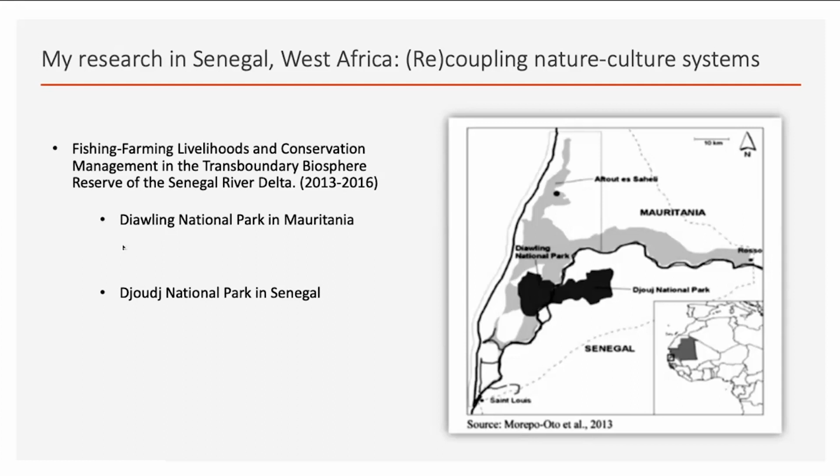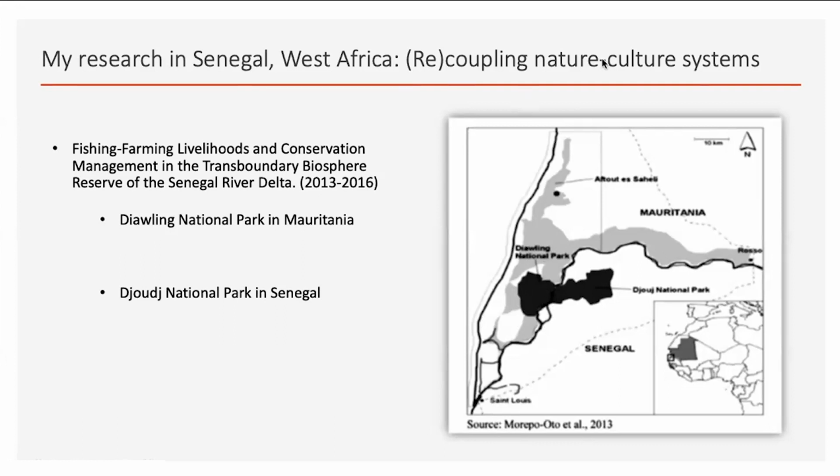So it's a very different model, and it's really interesting that they're sharing the same exact ecology, but also the same exact people. It's just that you have a colonial border in between, but these people are exactly the same. They're both from the same ethnic group, but they have very different models of governing those protected areas.